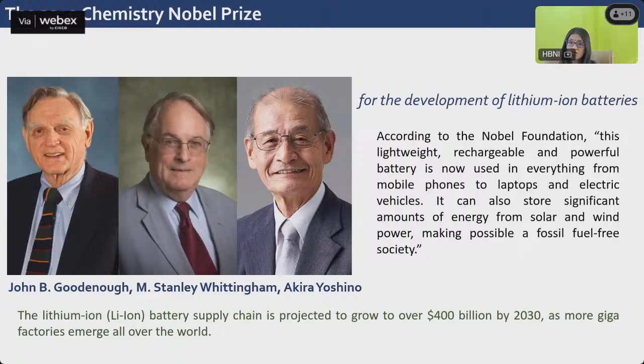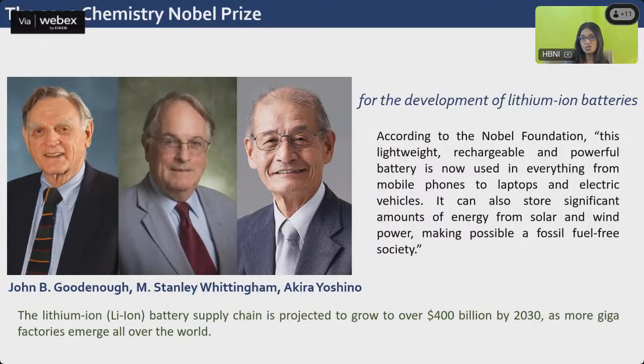That is why the Nobel Prize was given to these three professors in 2019. As the Nobel Foundation puts it, this lightweight, rechargeable and powerful battery is now used in everything from mobile phones to laptops and electric vehicles. It can also store significant amounts of energy from solar and wind power, making possible a fossil fuel-free society.